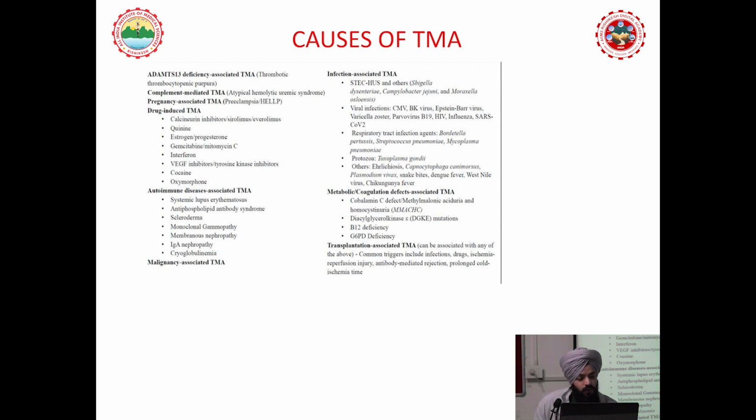We also ruled out autoimmune diseases like SLE, APLA, IgA, and cryoglobulinemia. Infection-induced TMA was ruled out since the history was not suggestive of any infective episode. In metabolic causes, G6PD and B12 levels ruled it out.